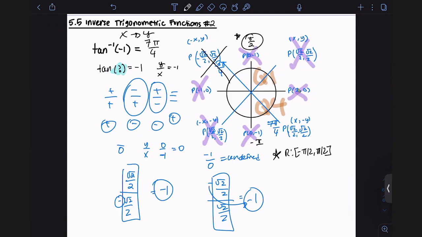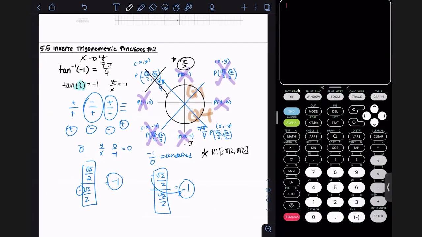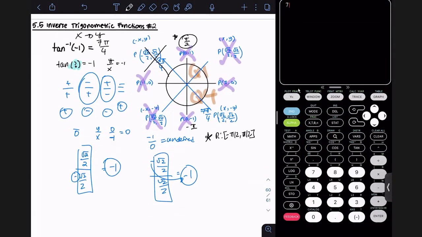You know why? Because if you take the calculator and you put 7 pi, divide that by 4, that's 5.49. What is pi divided by 2? Pi divided by 2 is 1.5.